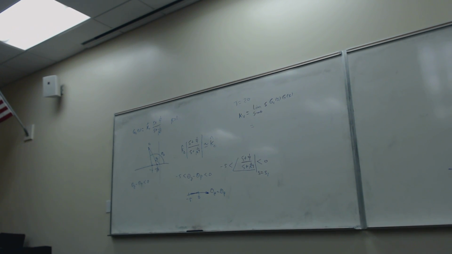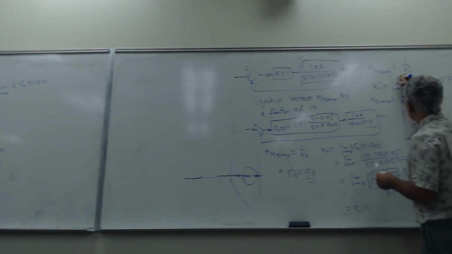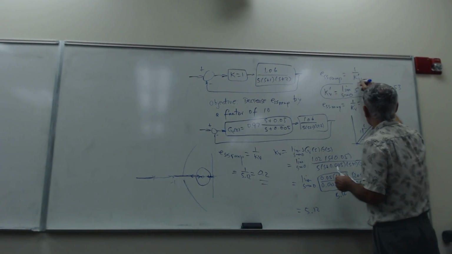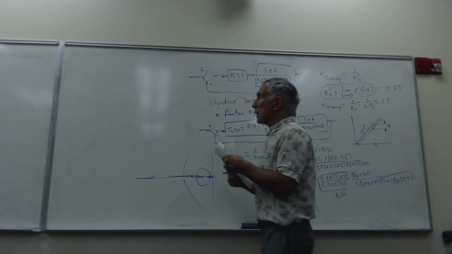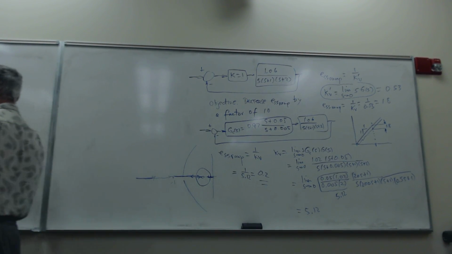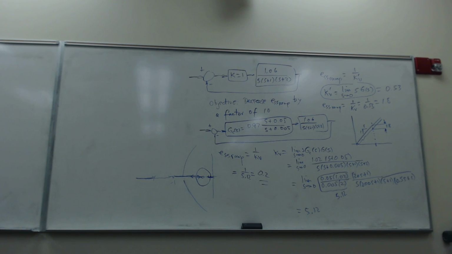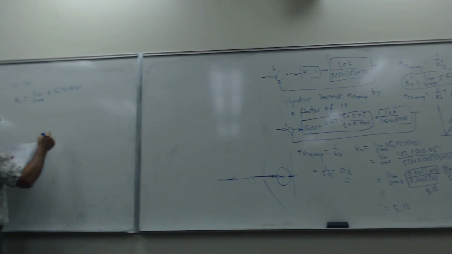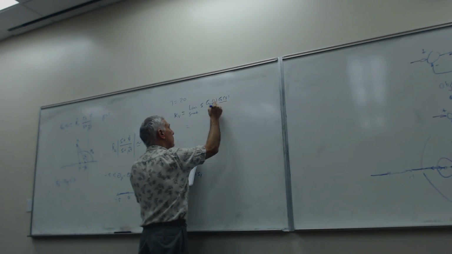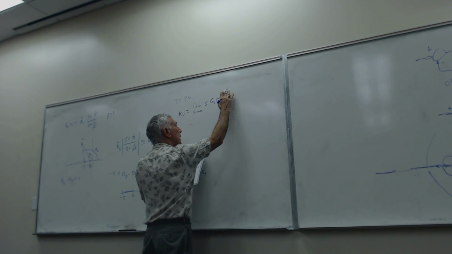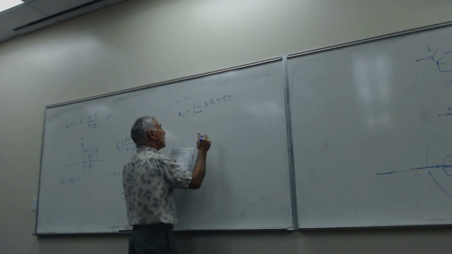That's the limit of s G of s. When you let s go to 0 here, you get the Kv prime there.